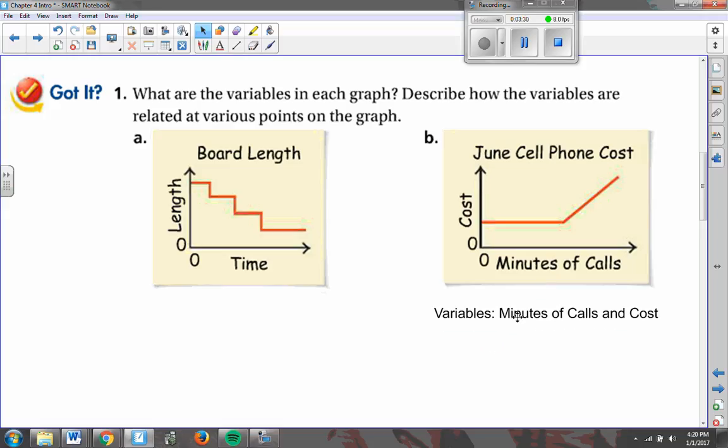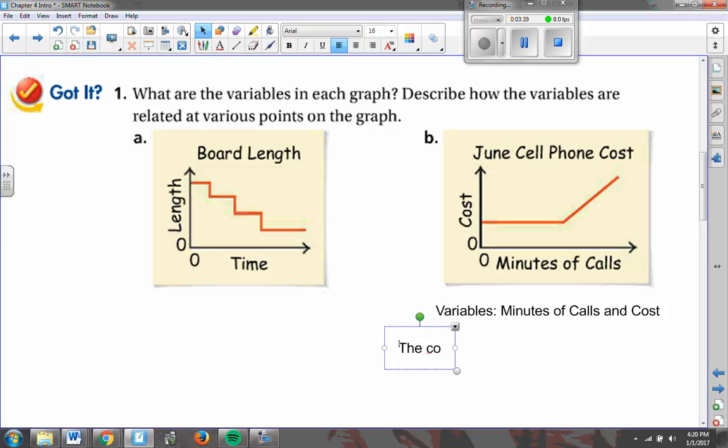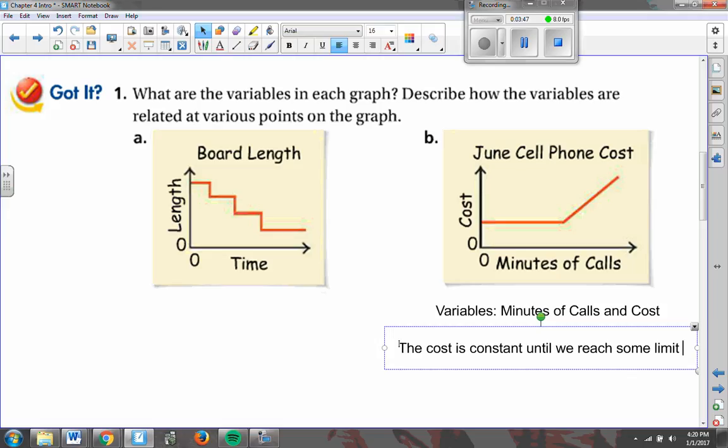Okay, the variables are minutes of phone calls and the cost of my cell phone bill. And what we see happening is the cost is constant until we reach some kind of limit, right, on our minutes of phone calls.